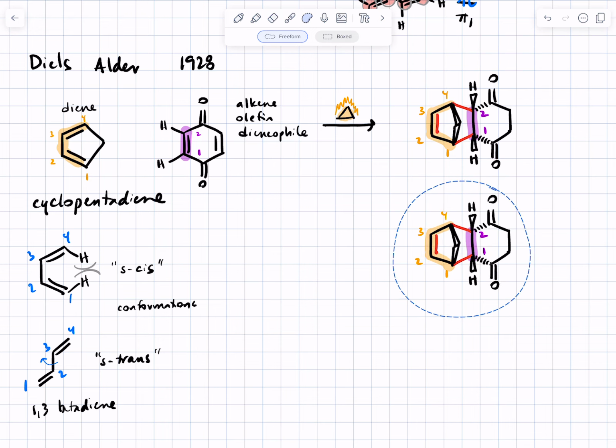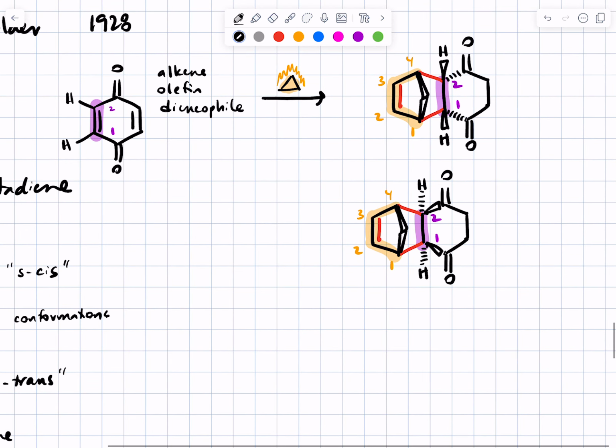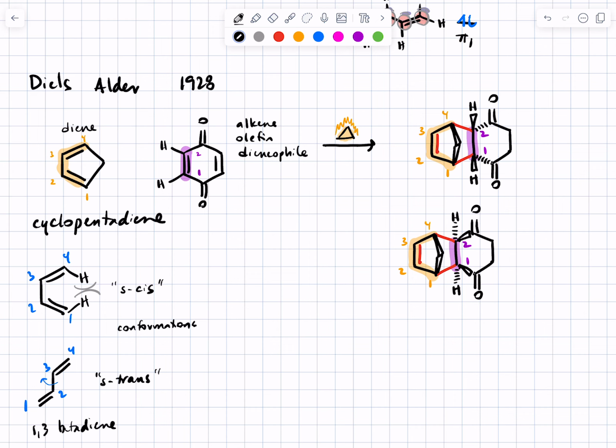The other stereoisomer that you observe is where the hydrogens are dashes and the carbons are the wedges. Okay, so those were the 2 products that they found.